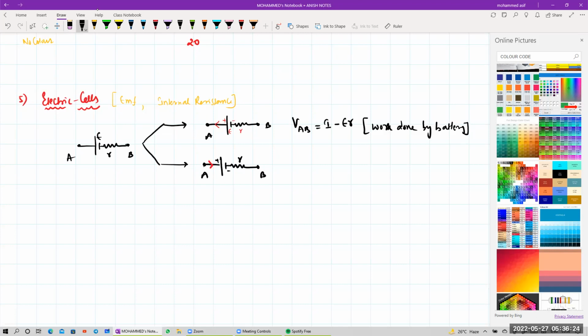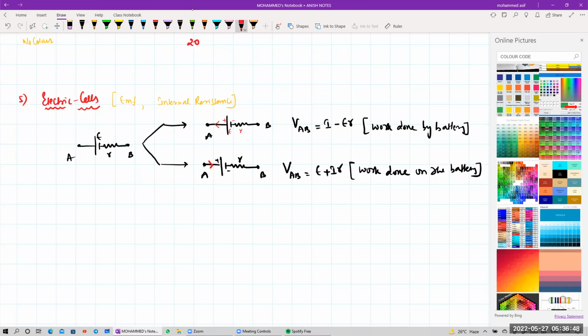Work done on the battery. That means you are charging it. So potential across your A and B will be equal to, how much? E plus I into R. So I can say here we are doing work. So here, work is done on the battery. Very important formula.